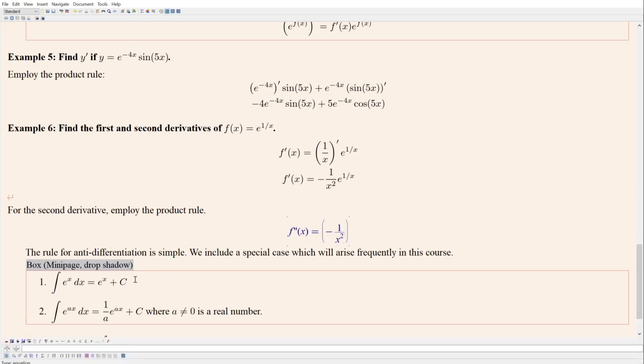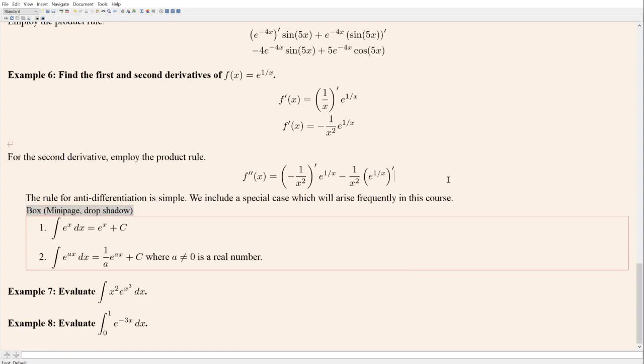So differentiate that, leave e to the 1 over x alone, plus, or minus in this case, leave minus 1 over x squared alone, and differentiate e to the 1 over x. So that is just the product rule.